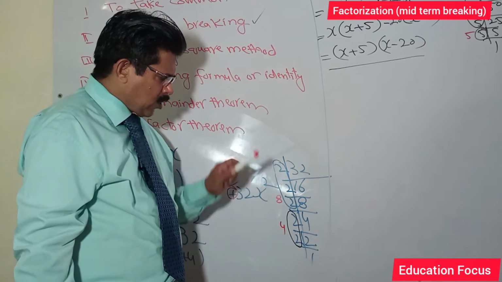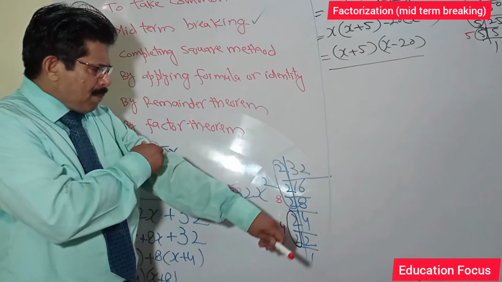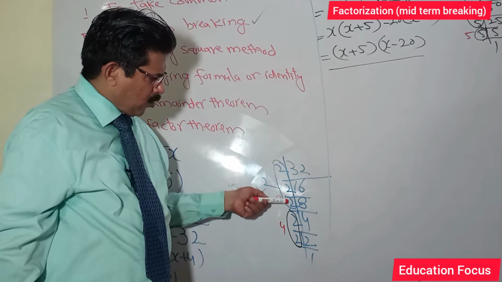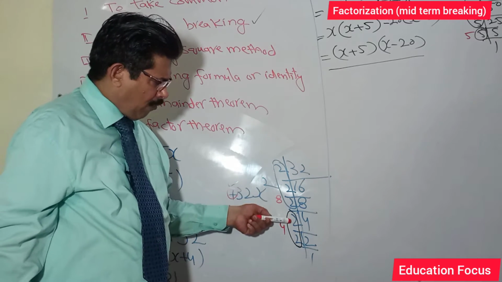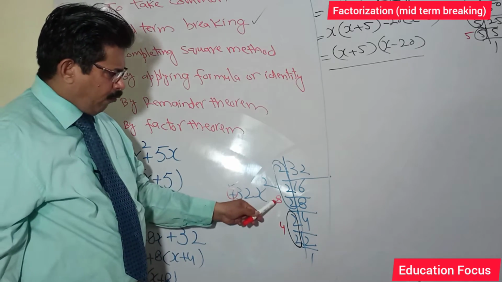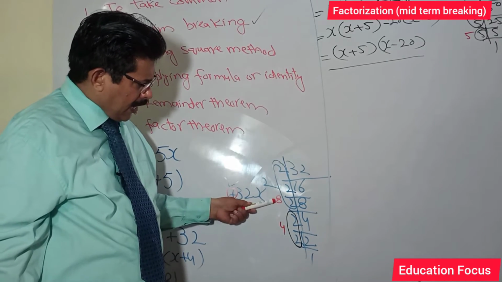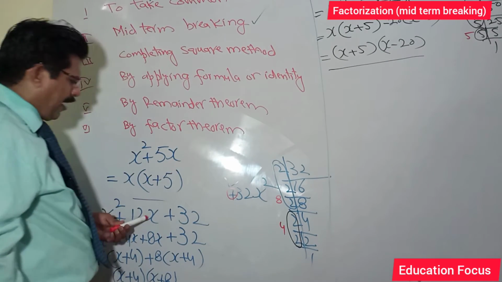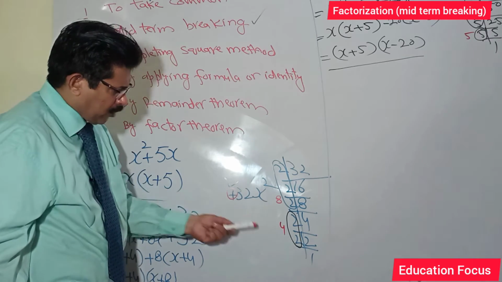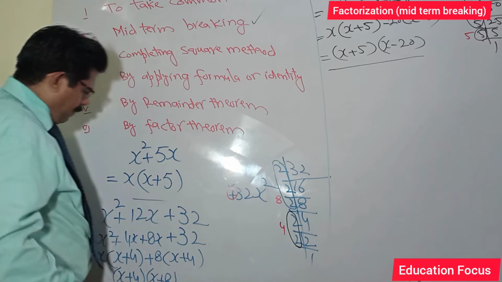These are 5 values, but I require just 2 values. How do I make just 2 values? I multiplied 2 by 2 by 2, the answer is 8, and the last 2 values, 2 multiplied by 2, the answer is 4. When I add these 2 factors, 8 plus 4, the answer is 12x. When I multiply 8 with 4, the answer is plus 32x squared. It means our pair is the right pair.